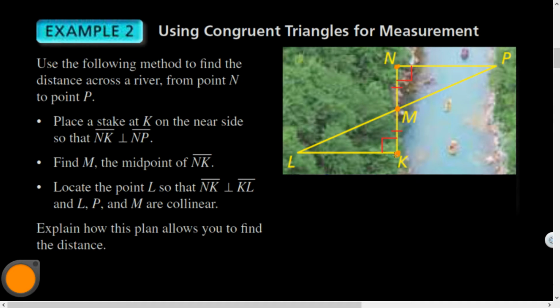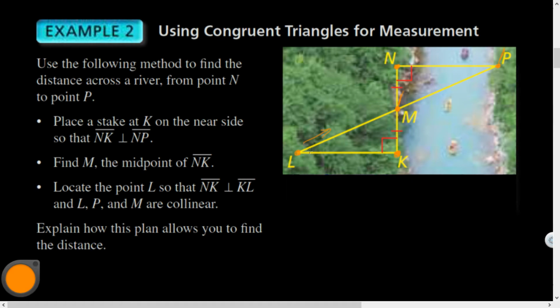Then from K, walk perpendicular into the forest here, apparently, until you can look through M and see your original landmark on the opposite shore. So you'd be looking past whatever marker you have here, hitting the landmark that you were trying to cross to.